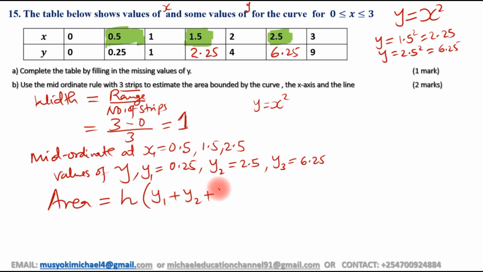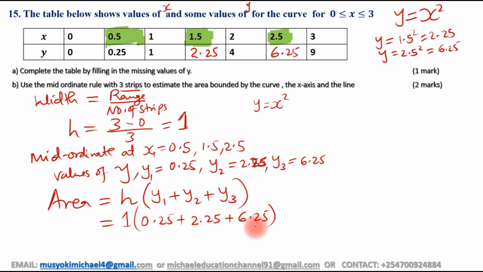using the mid-ordinate rule will be the width times the sum of the ordinates, so y1 plus y2 plus y3. So h, which is the width, is 1, multiplied by y1 is 0.25 plus y2 is 2.25, then plus y3 is 6.25.